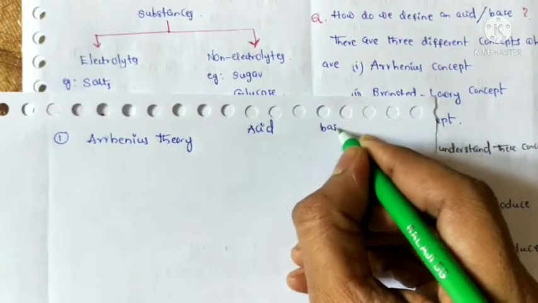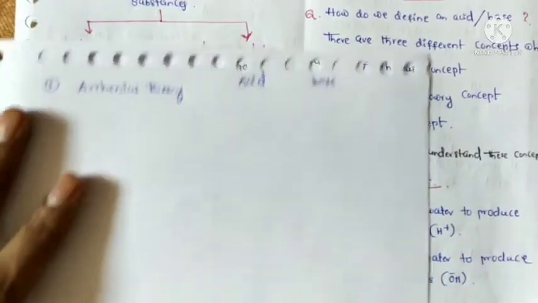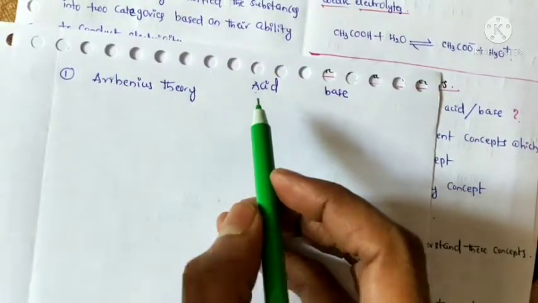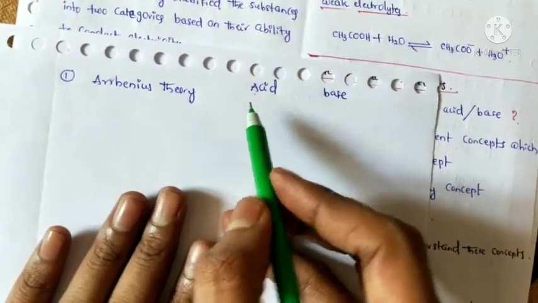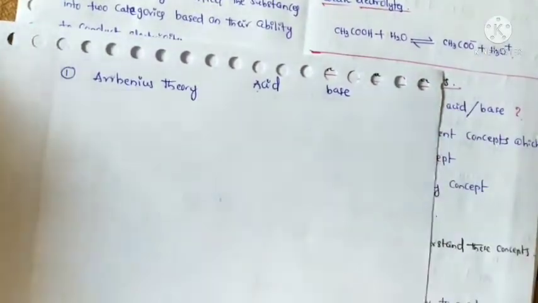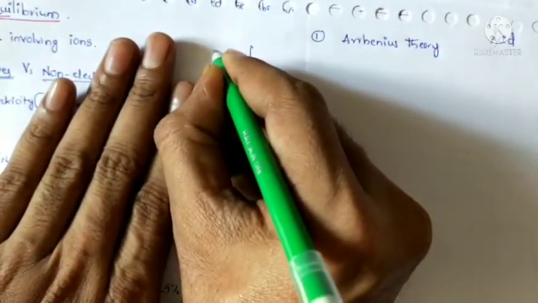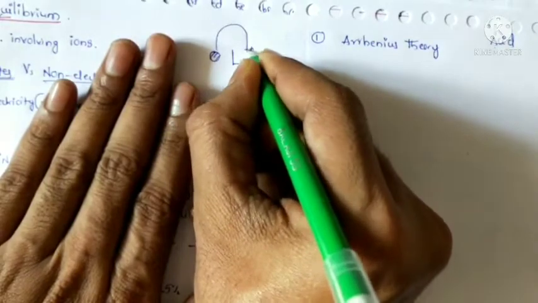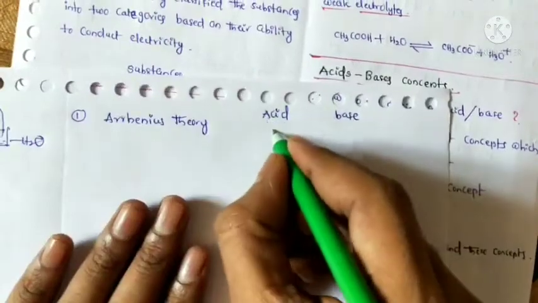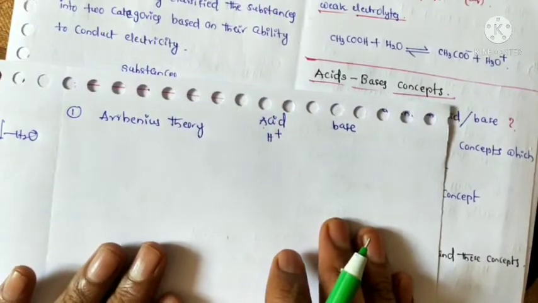What is the definition of acids and bases according to the Arrhenius concept? The Arrhenius concept is applicable only to aqueous solutions. A substance that, when dissolved in water, produces H plus ions is called an acid.